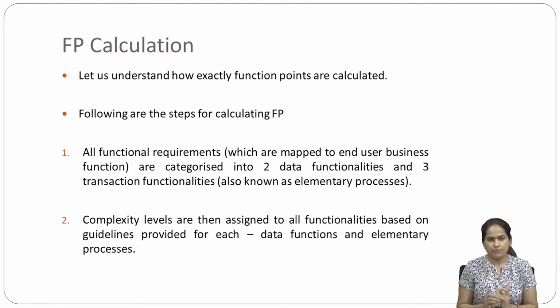First step: all functional requirements in our software are categorized into 2 data functionalities and 3 transaction functionalities. So the first step is the categorization of all functional requirements. It will be either data functionalities or transaction functionalities, also known as elementary processes.